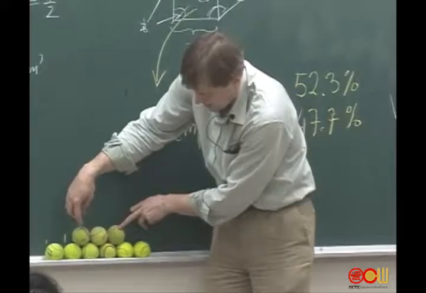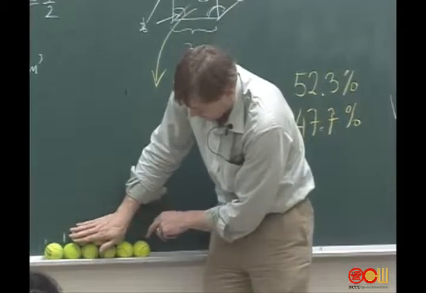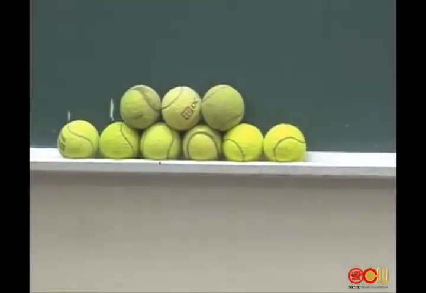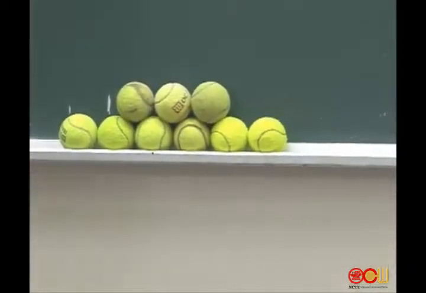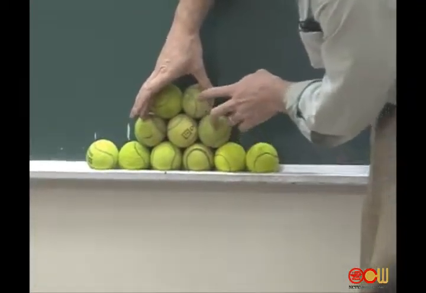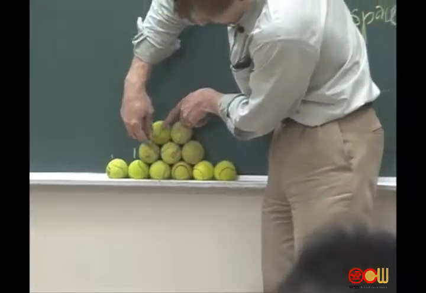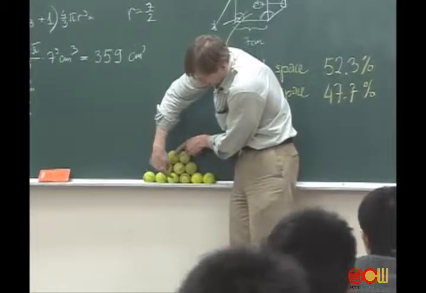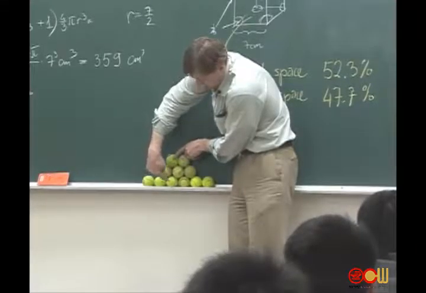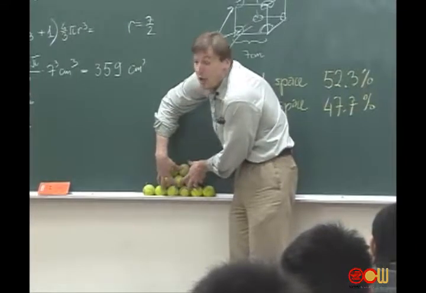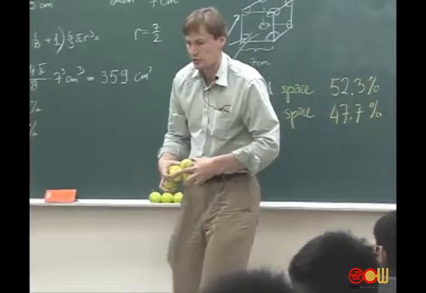So you see that if I put the next layer, I'm getting something like a hexagon here. 1, 2, 3, 4, 5, 6 with 1 in the middle. So now I'm going to put this hexagon structure on the table.